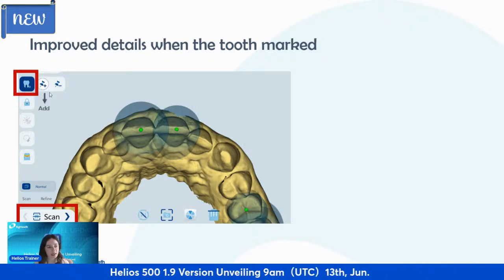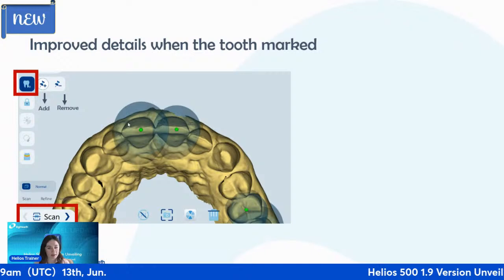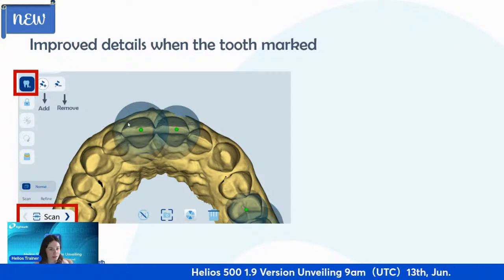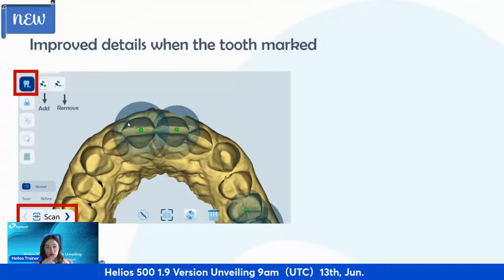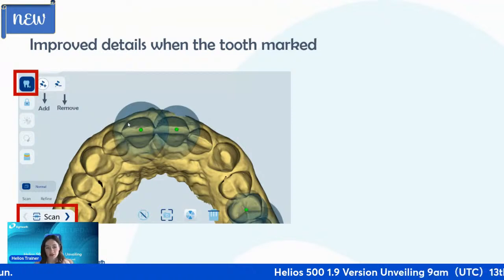You will see add and remove options in here. If you wish to have high resolution, after you mark the preparation area, or wherever you want in high resolution, you just mark the tooth with this option.